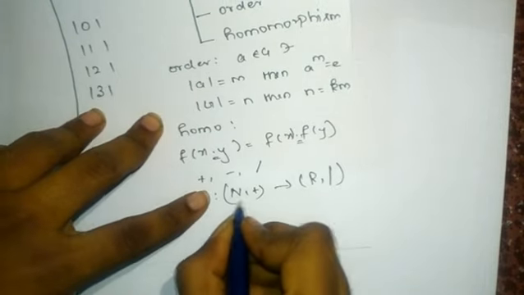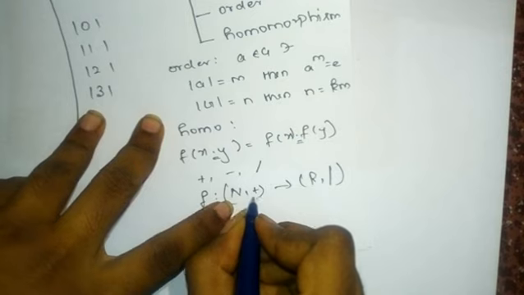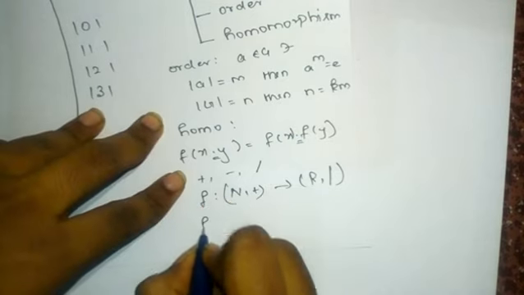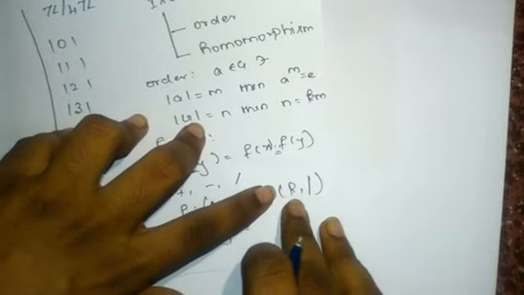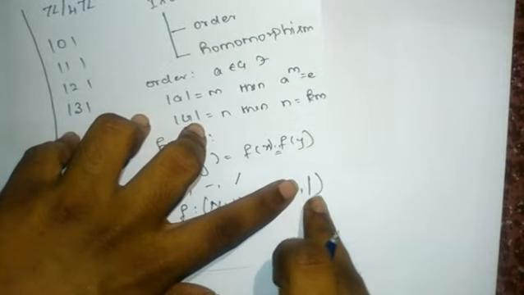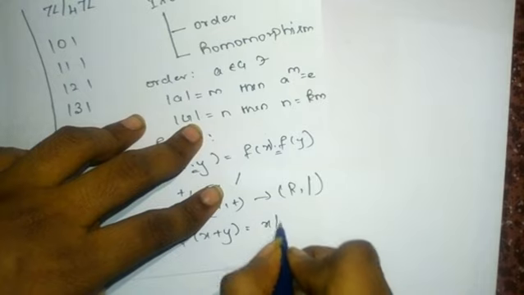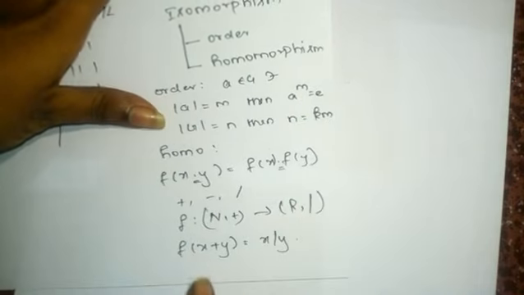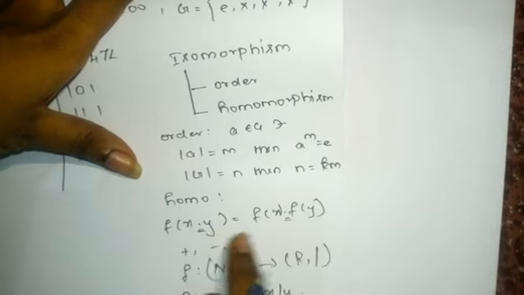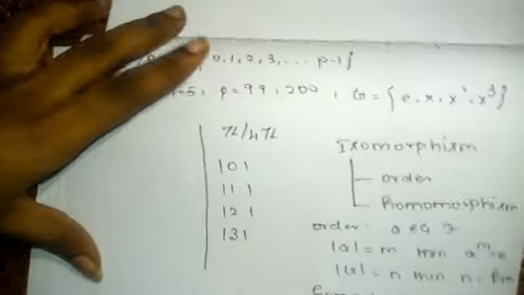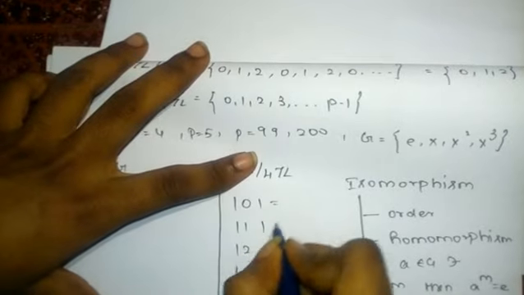If I take two elements from N and do addition, f of x plus y, I am going to get its image as the same two numbers but combined by division, x by y. The operation can change. This is just an operation and this is not the multiplication. Okay, then let's move on to this.